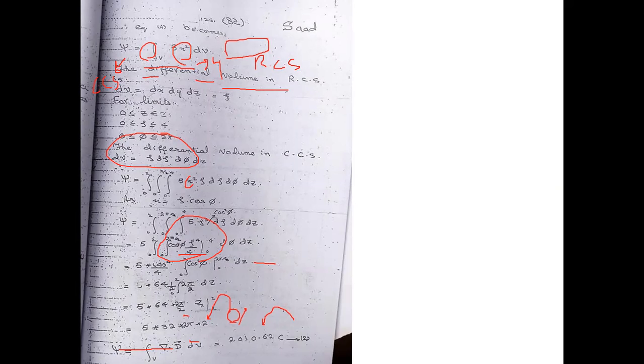So this example looks simpler than the previous one. Okay, so apply the integration. We will get 5 into 10, 5 into 32 into 2 pi. So this is equal to 2010.62 coulombs. This is the answer from the left side, del dot D.